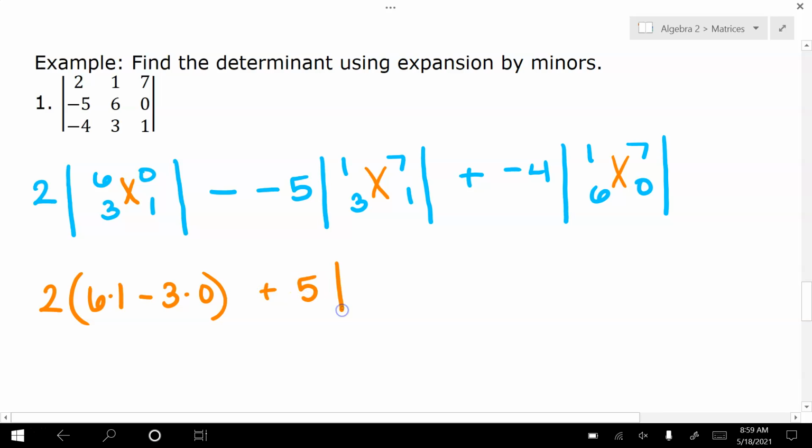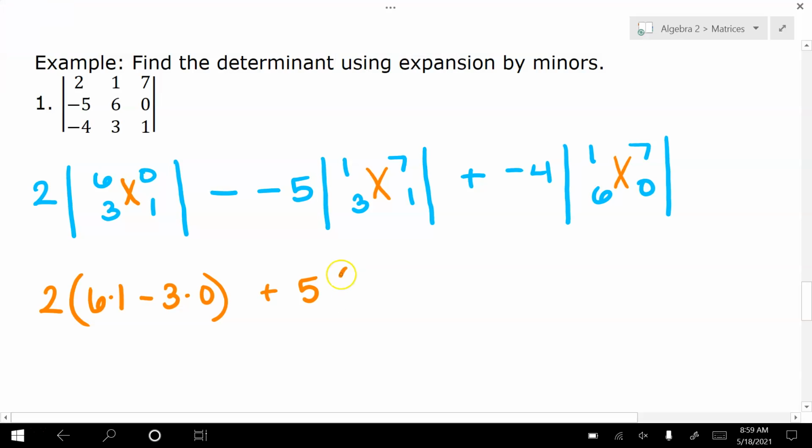I don't like double signs, so I'm going to eliminate them as soon as I can. And then in there, we're going to have 1 times 1 minus 3 times 7. And then we have plus a -4, so I'm just going to write that as -4, 1 times 0 minus 6 times 7.